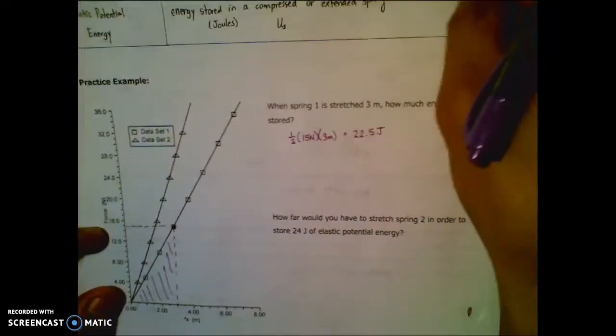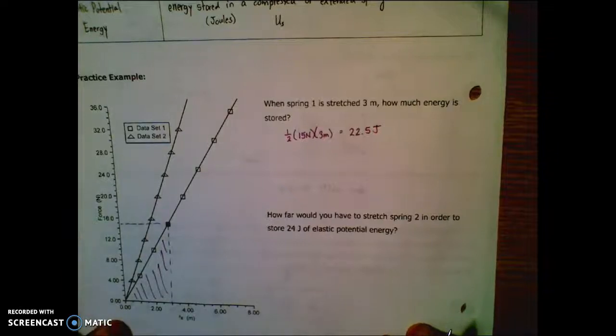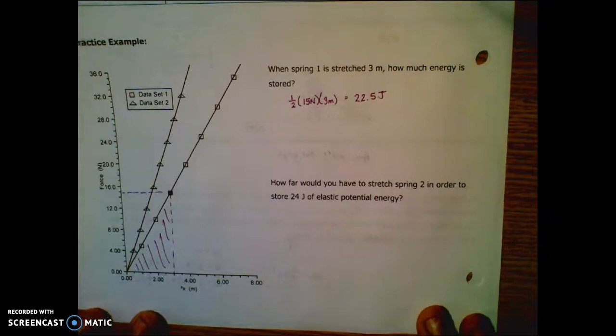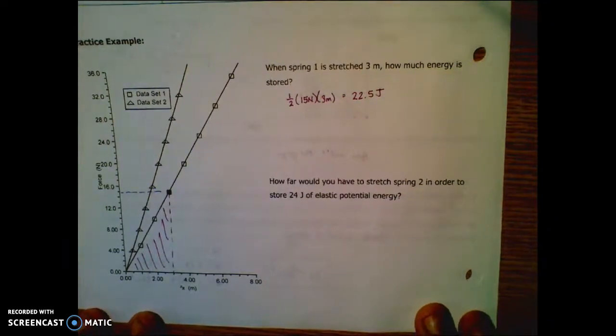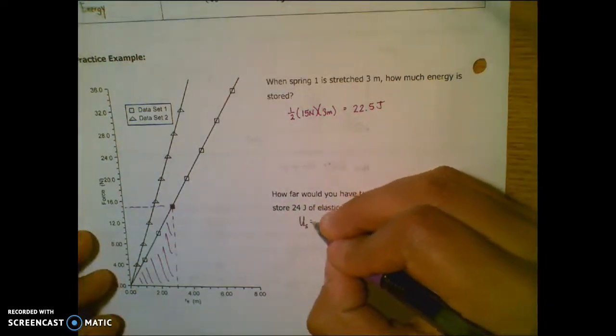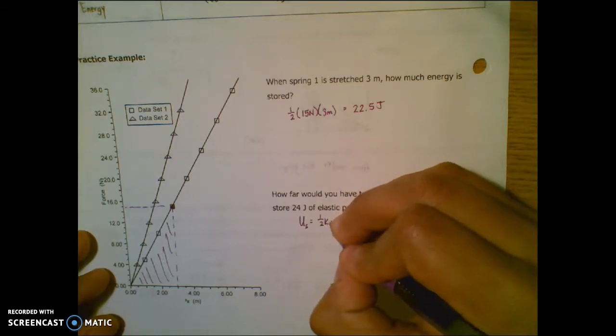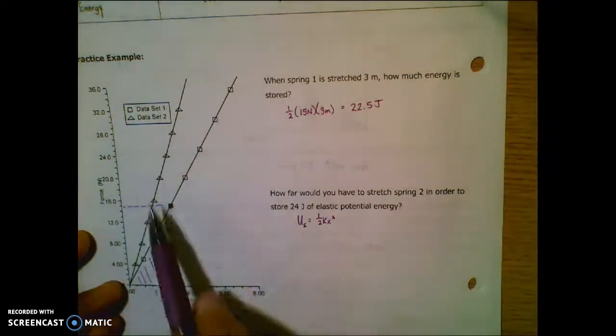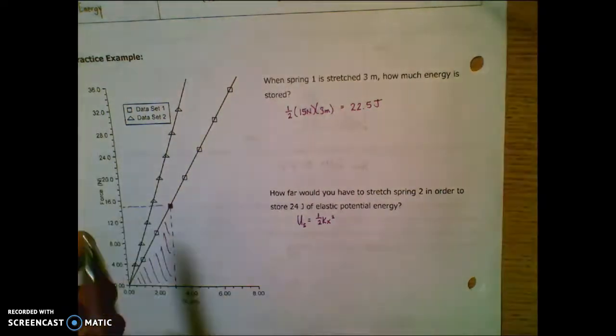And then how far would you have to stretch spring 2 in order to store 24 joules of elastic potential energy? So I want to store 24 joules of elastic potential energy. In this case, it may be easier to use the equation 1/2 kx squared, because it's going to be harder to figure out where exactly I get 24 from this graph.